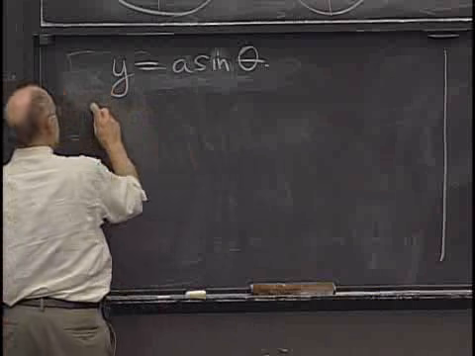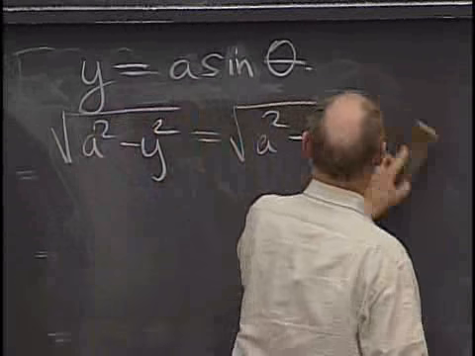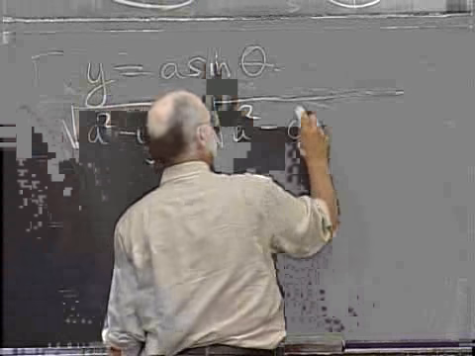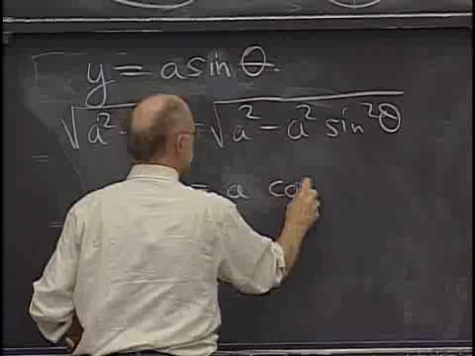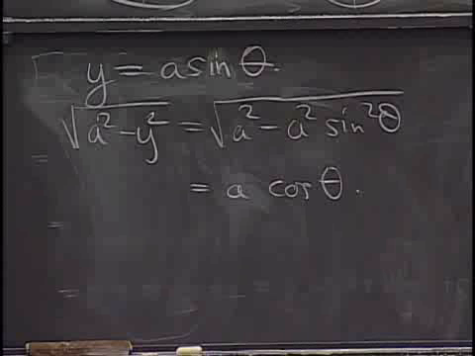If that's true, what we're interested in is integrating the square root of a squared minus y squared, which is the square root of a squared minus a squared sine squared theta. And, well, that's equal to a times the cosine of theta, right? That's just sine squared plus cosine squared equals 1 all over again.